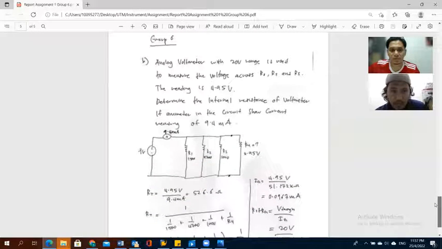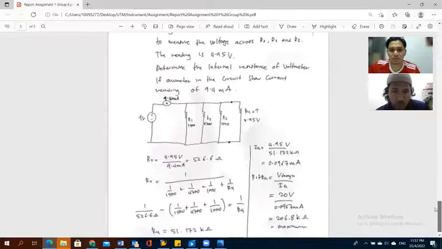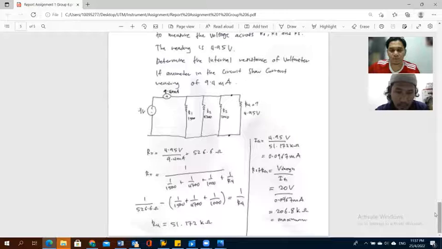Okay, for the manual calculation, we get the internal resistance, which we set as R4. The value is 51.172 kilo ohm.